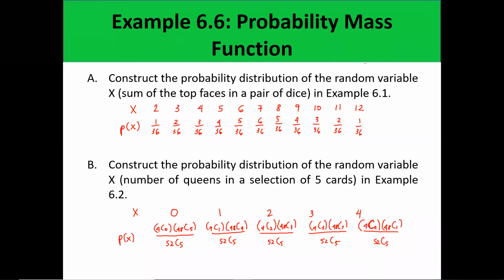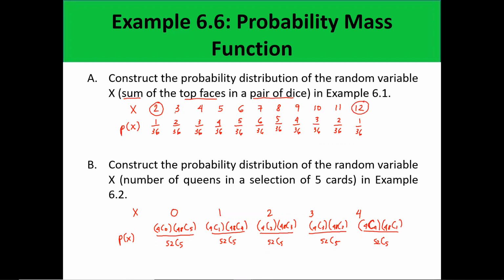For another example, let us construct the probability distribution of the random variable x in example 6.1. In example 6.1, recall that the random variable x is the sum on the top faces in a pair of dice. So the lowest possible sum is 2 and the highest possible sum is 12.